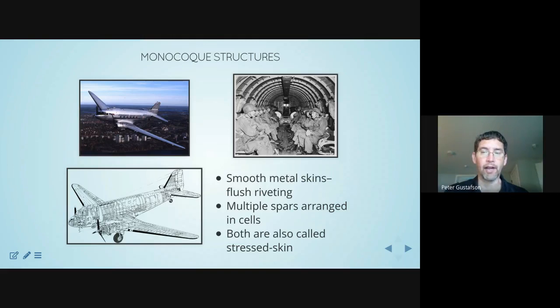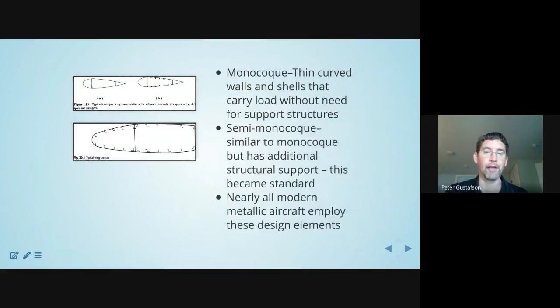The next slide actually contains, I think, something that'll be a little bit easier to visualize. As you look at this image, and these are from the textbook, C.T. Sun's textbook, on the left, top left, is a monocoque structure. We have two spars.